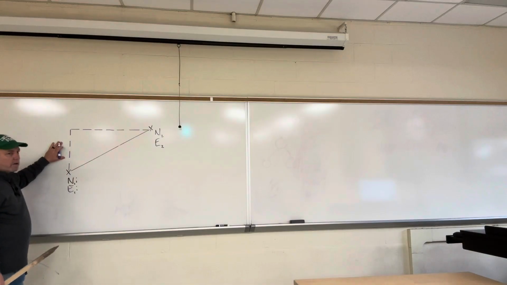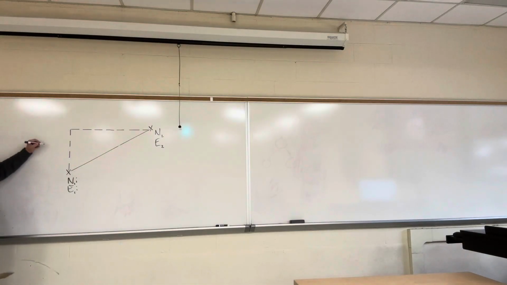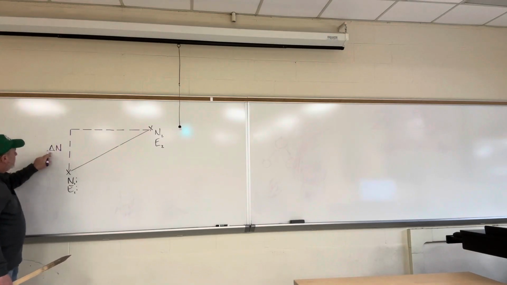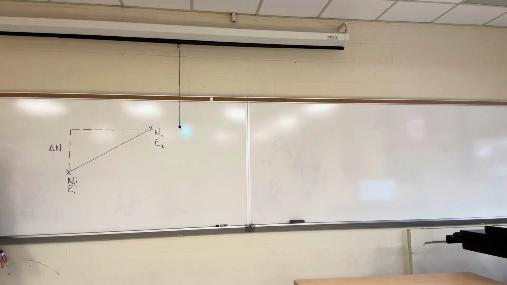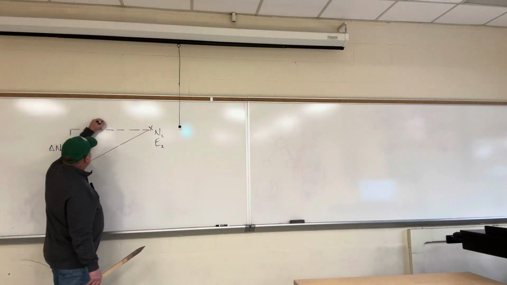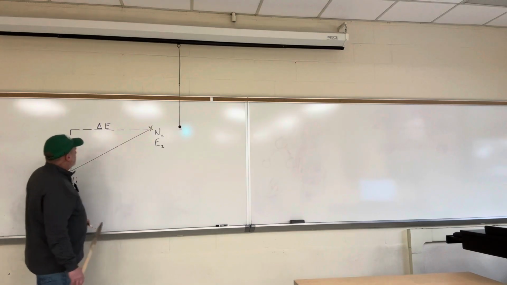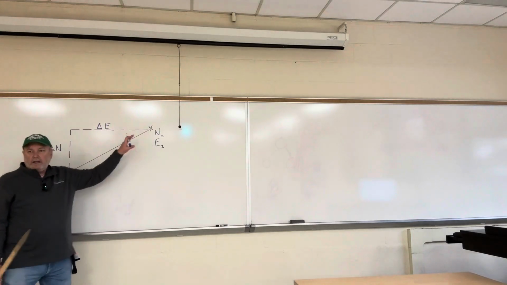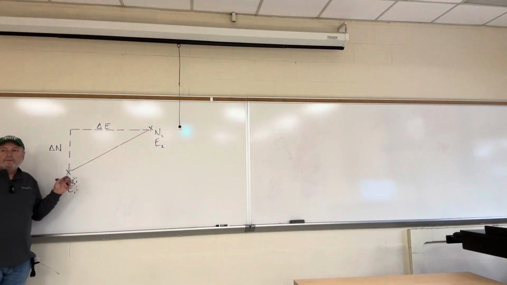This side is our northing, this is our difference in our northing. We'll call that delta n, delta meaning difference. The difference in our eastings is the other side of our triangle. So we're essentially going to look at calculating the hypotenuse of a right triangle.